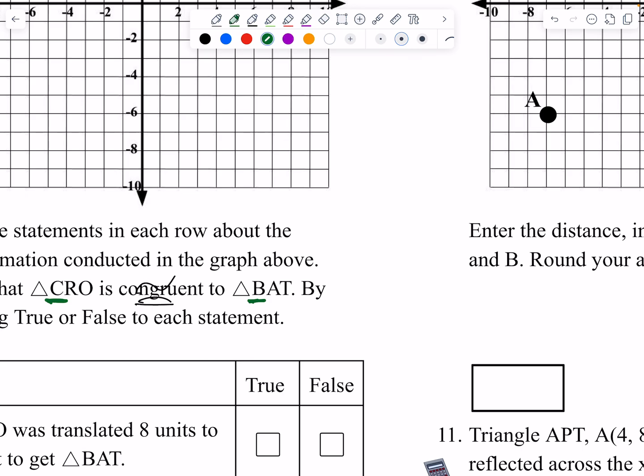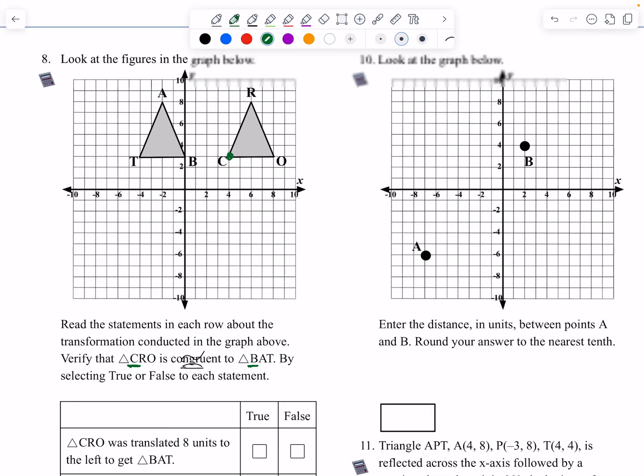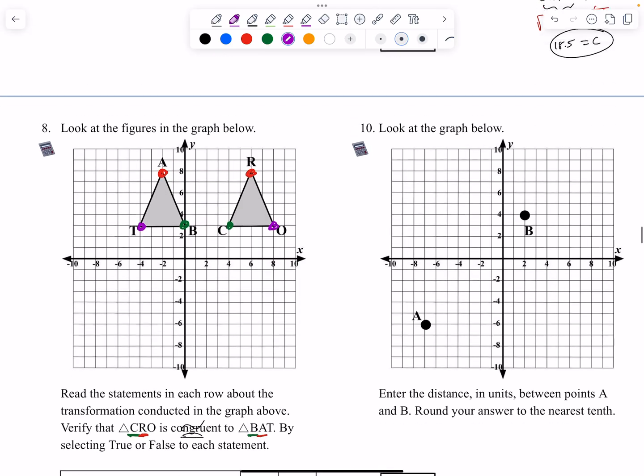Because they literally tell you the order and the corresponding angles and sides. So C goes with B. Then it says that R goes with A, which means that O goes with T. So that's where you got to be careful, all right?